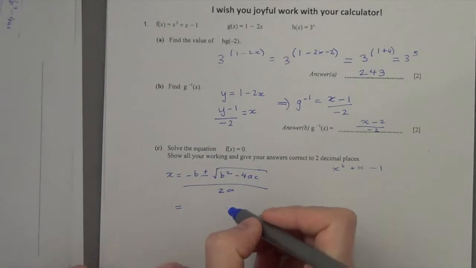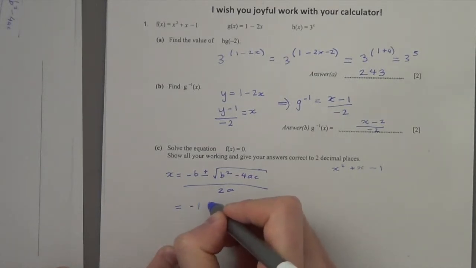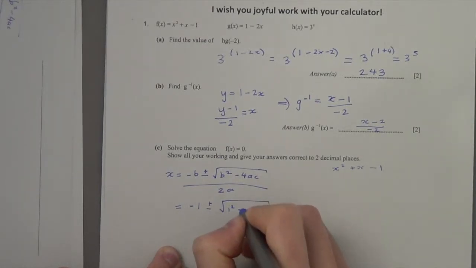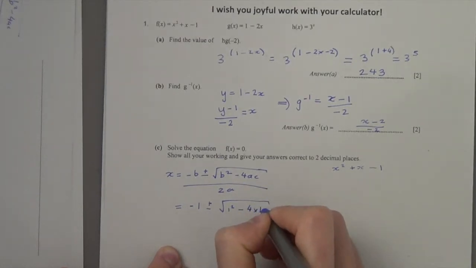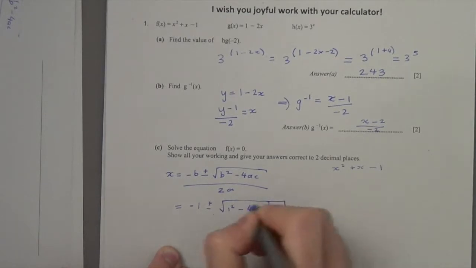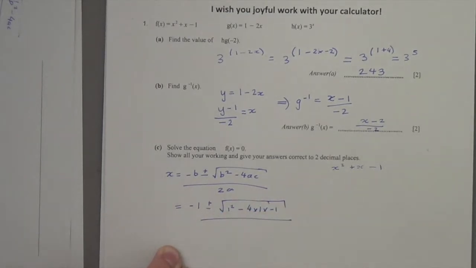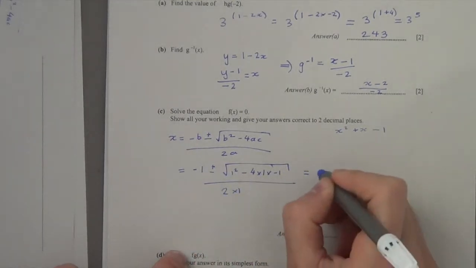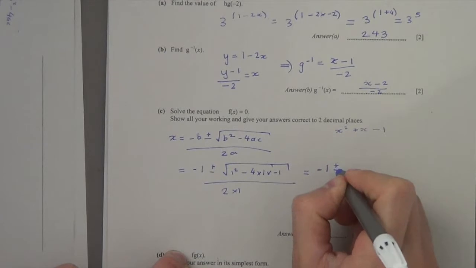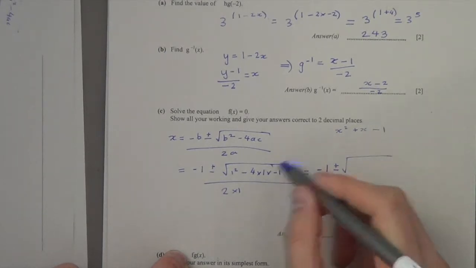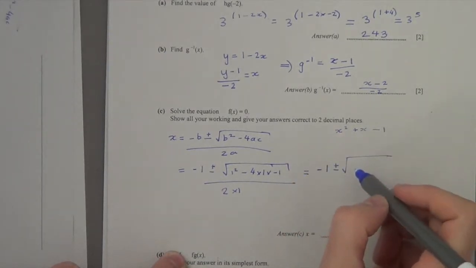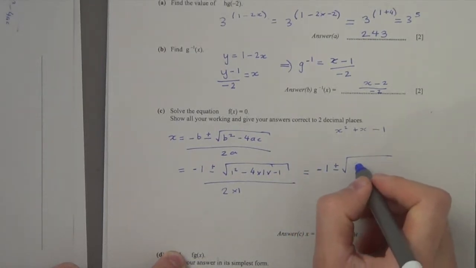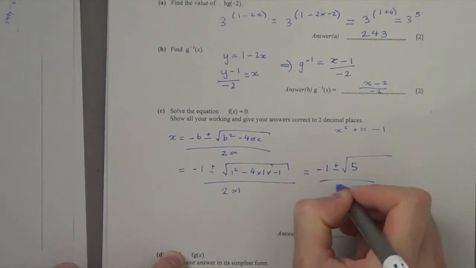So, if I put in the numbers, this is minus 1 plus or minus the square root of 1 squared minus 4 times 1 times minus 1, divided by 2 times 1. Okay, so that translates to minus 1 plus or minus the square root of 1 squared is 1, minus 4 times 1 times minus 1 becomes plus 4, so it becomes the square root of 5, over 2.